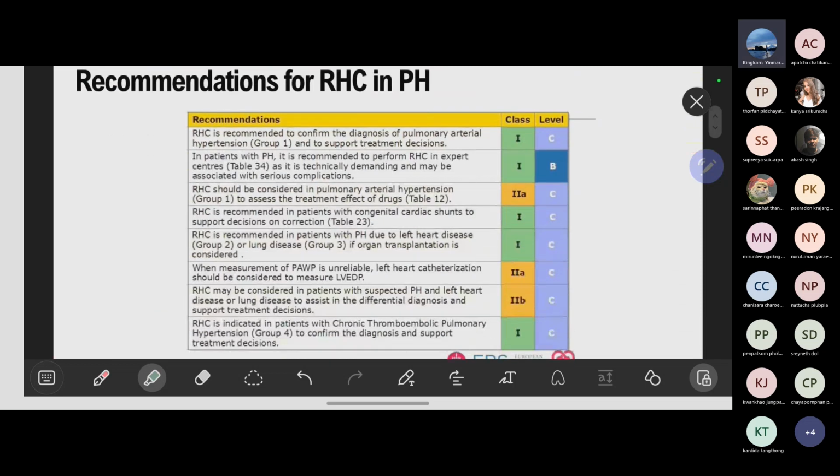And this table shows the recommendations for right heart catheterization in patients who are suspected of pulmonary hypertension. Right heart cath is recommended, class 1, to confirm the diagnosis of pulmonary arterial hypertension, and recommended to be performed in an expert center.